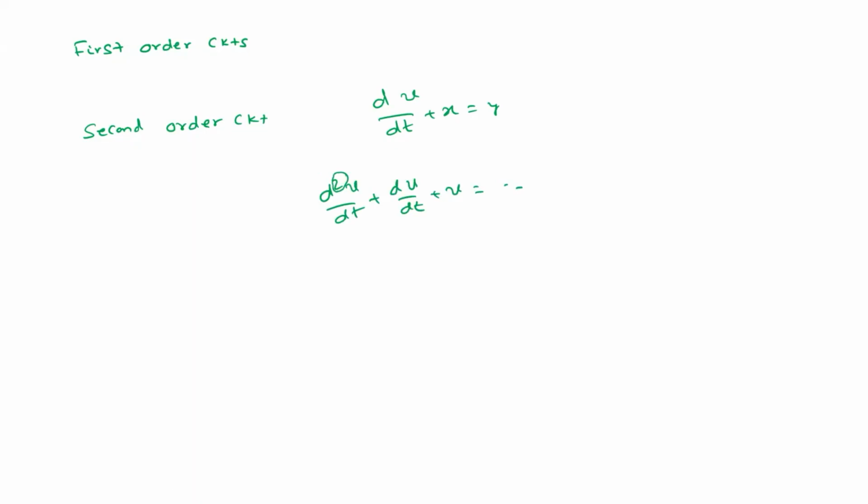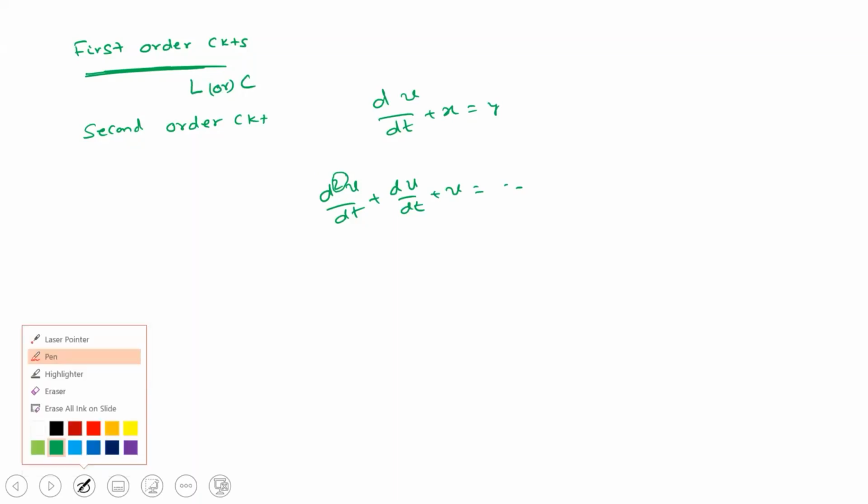Okay. Basically, for first order differential equations, you have only one energy storage element, either a capacitor or an inductor. If one inductor is there or one capacitor is there, that is characterized as a first order differential equation.